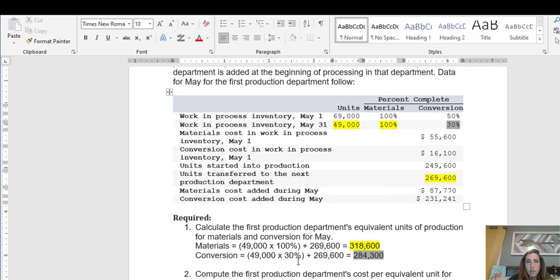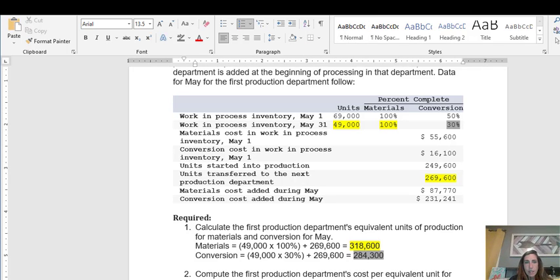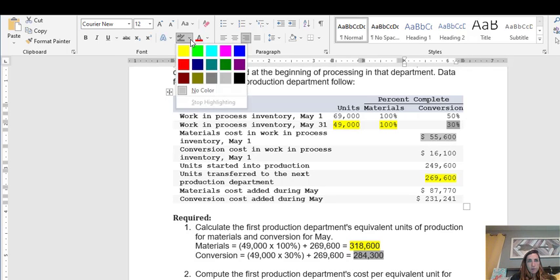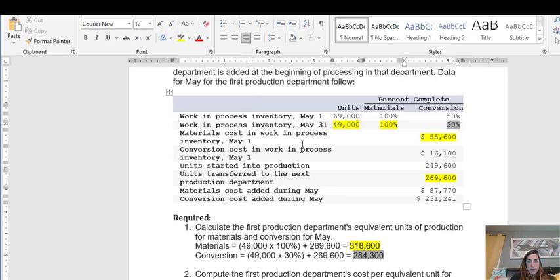So I'm going to calculate for May the total cost. So I have to add up the cost figures of material. Material cost equals the initial cost of materials, the stuff sitting in WIP at the beginning of the month, which was 55,600. I know that because of this key word here, it says materials.